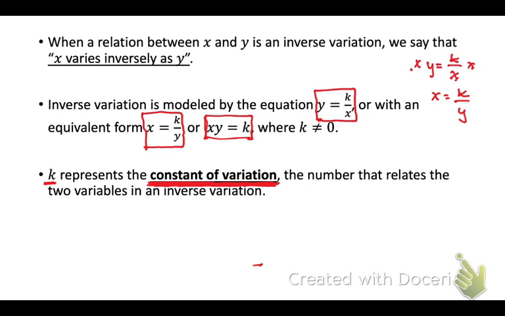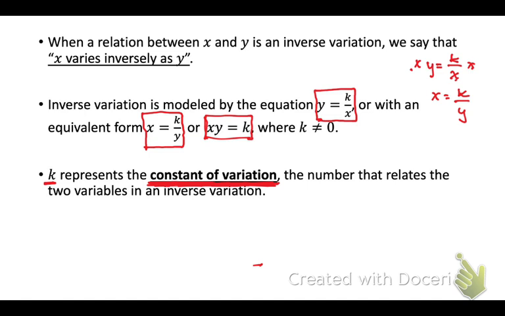What was the first constant of variation you found? 12. What was the second? 25.5. So if it wants the constant of variation, you multiply x times y.